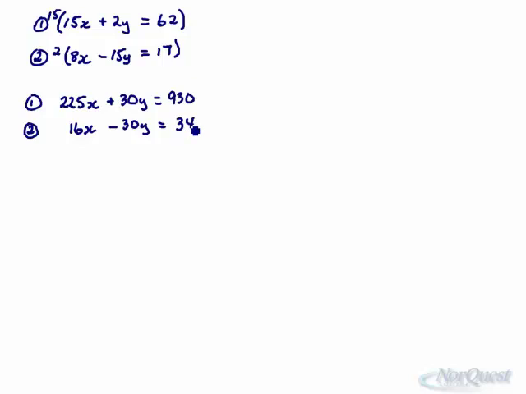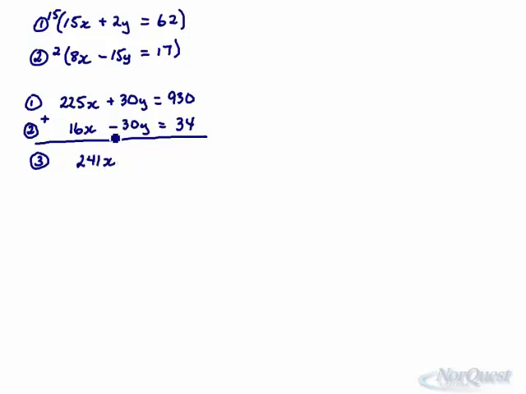Now I'm finally at the stage where I can use elimination. All of that previous work was just a matter of simplifying and writing them as equivalent equations with the same coefficient. Now I can see a plus 30 and a minus 30. If I add these equations, I'll create equation 3. 225 plus 16 will give me 241x.